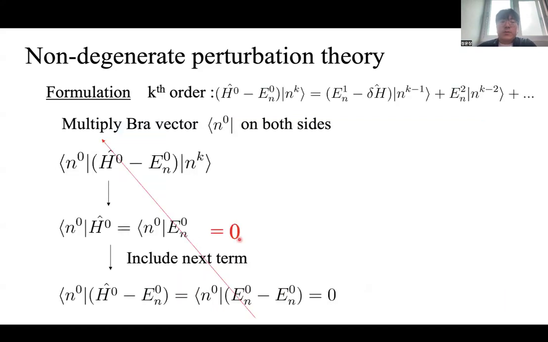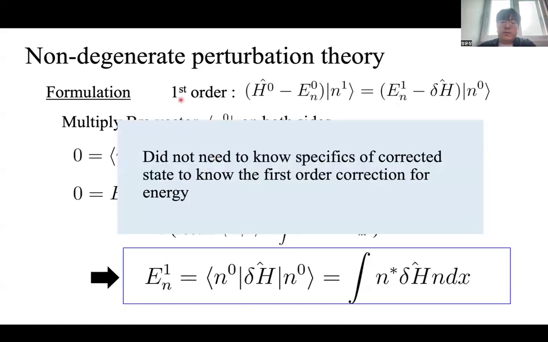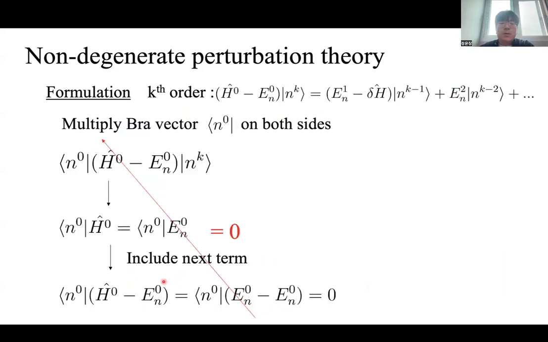So this was for the first order energy correction. Let's see what happens if I want to make my calculation more accurate, if I want to calculate higher order energy corrections to the system. We're following the same logic here. I now want to look for the kth order correction.